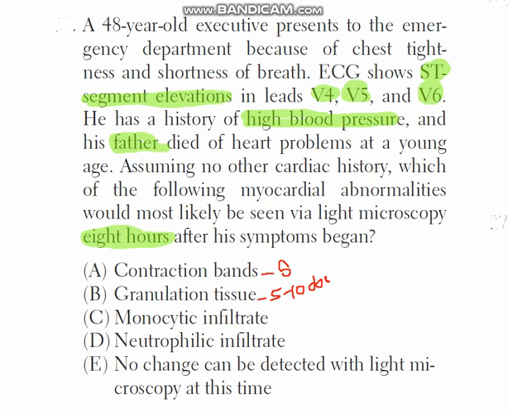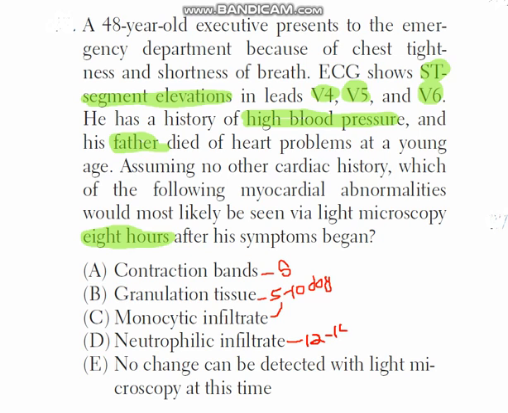So after 5 to 10 days, and monocyte infiltration is also nearly 5 to 10 days. Neutrophil infiltration is the sign of acute inflammation, and it happens during the acute inflammation of the cardiomyocytes, usually appearing 12 to 24 hours after the cells start dying.